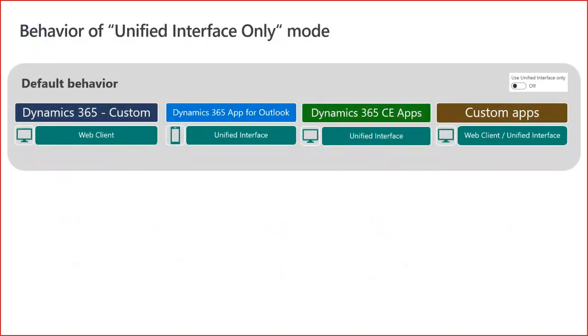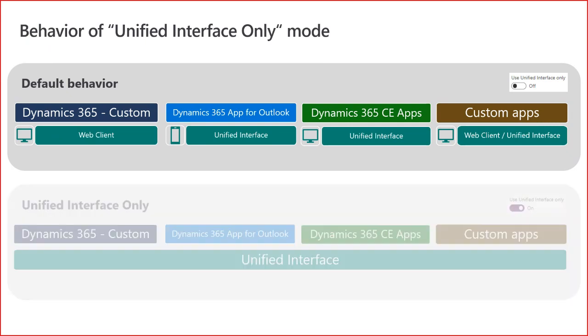If we take a little bit deeper look at unified interface only mode, what is it and how does it work? In general, you probably know that you can have two different types of applications. One is web client, which you are probably using today, and another one is unified interface. This type of application is a parameter of the app, so it's a definition.